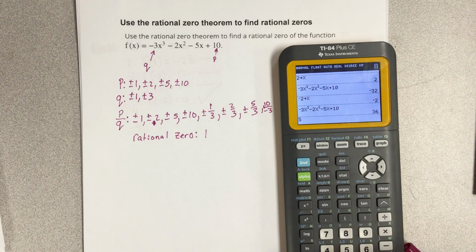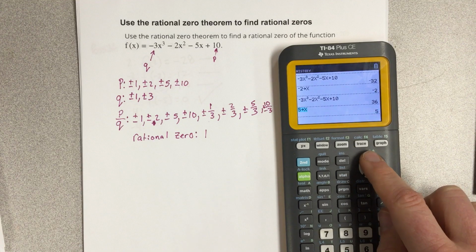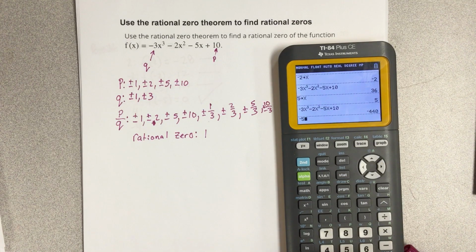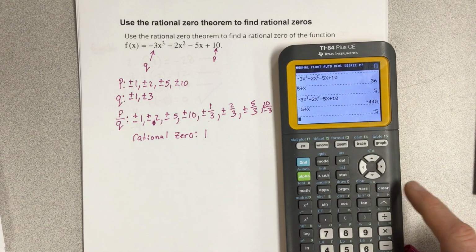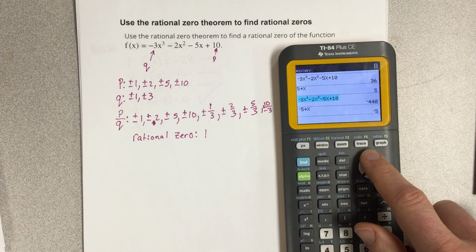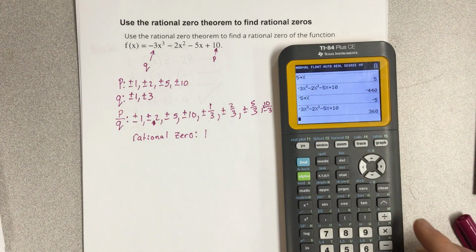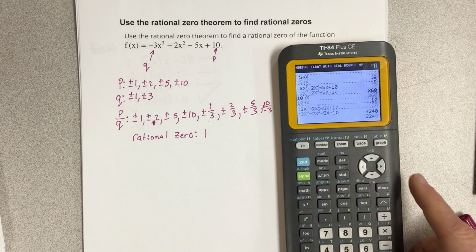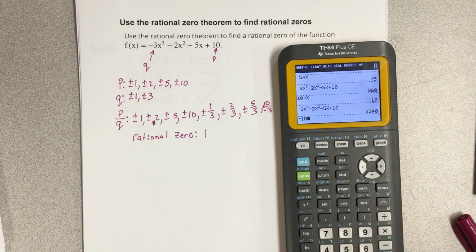Five stores x. None of these are working so far. Negative 5 stores x. Almost halfway through. 10 stored as x. Negative 10 stores x.